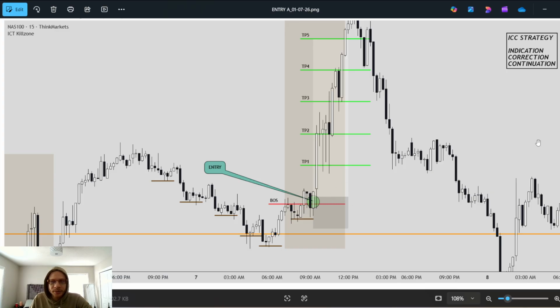Again, that's what we're looking for. We have an indication, correction. You see the steps down. Now we're breaking structure here. Made a higher low, broke structure again. Price came back down, we enter on our way back up, and boom.